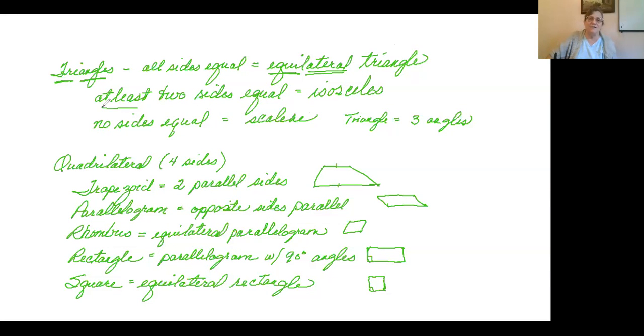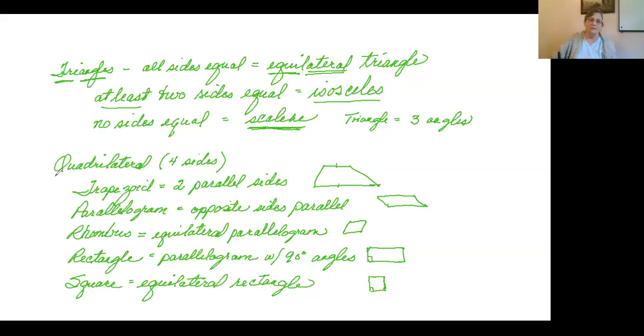If at least 2 of the sides are the same size, it's an isosceles triangle. This actually includes equilateral triangles. If none of the sides are the same size, it's a scalene triangle.